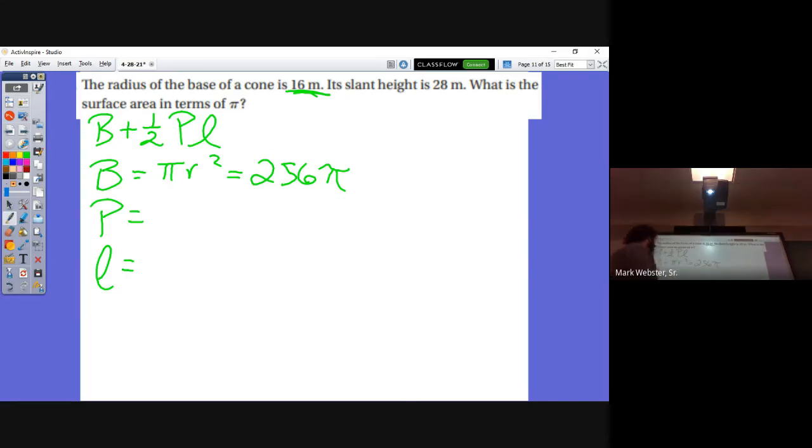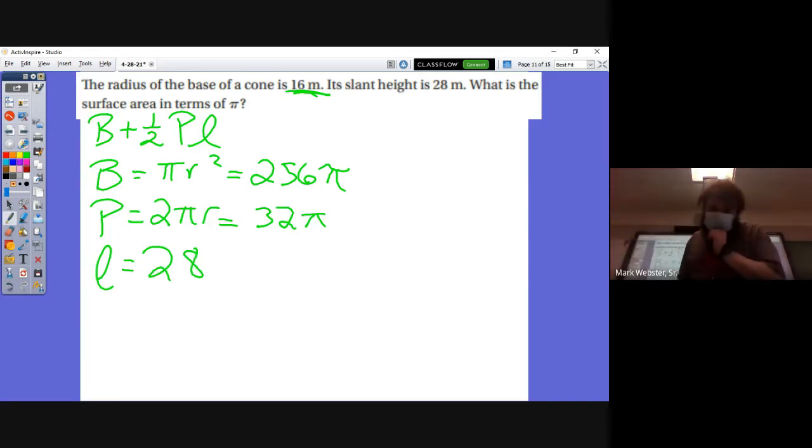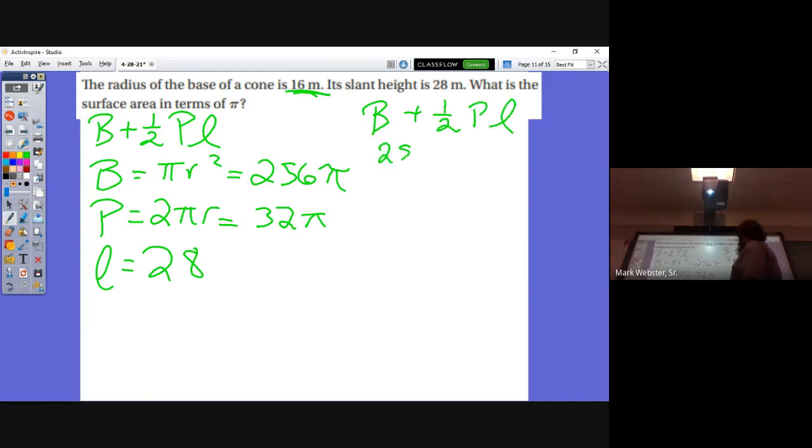Perimeter, just 2 pi r. So we got 32 pi, right? And then the slant height's 28. Again, you've got all your things now, just put them in. Times 28. And we're leaving it in terms of pi.